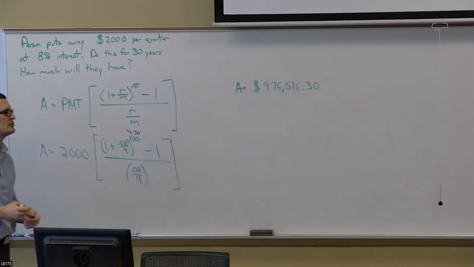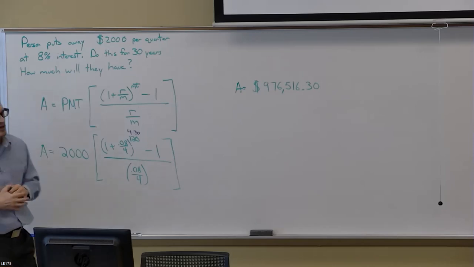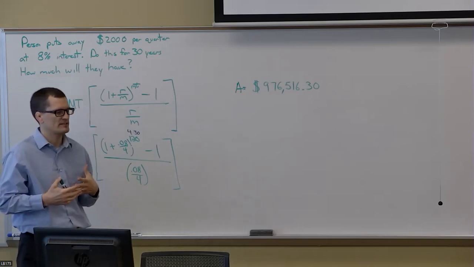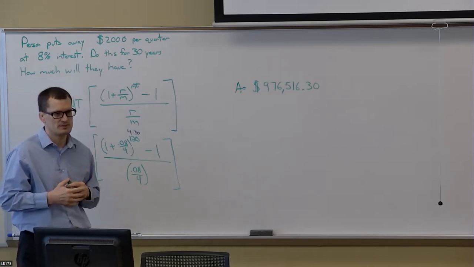By putting in $2,000 each quarter, you end up with almost $1 million at the end of 30 years. Okay. Just under $1 million. So this is how, obviously, people save for retirement and things of that nature.